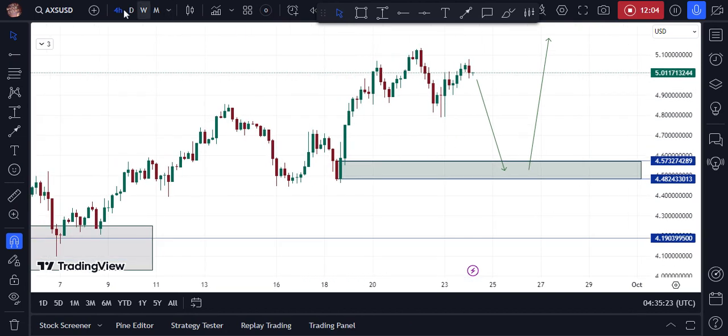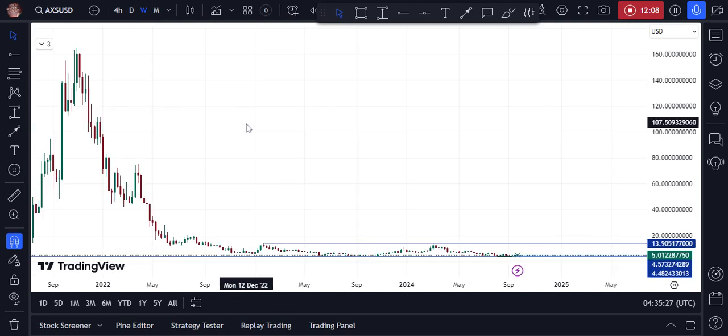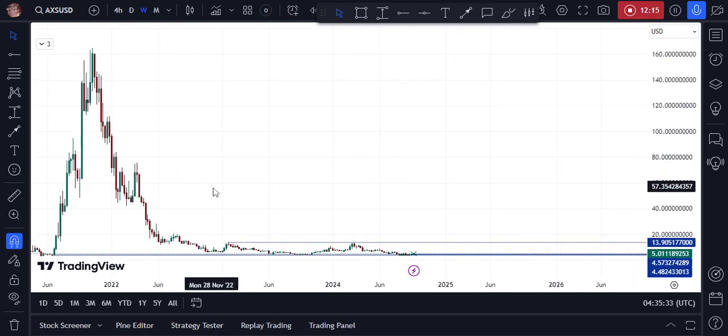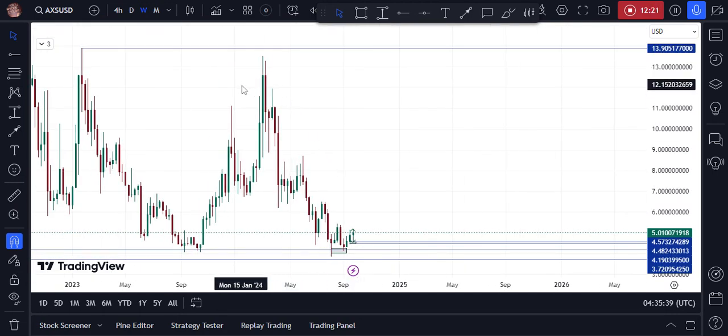Trust me, believe me, for this coin to have this very move from this very point for 3 years plus, you have to believe with me that this coin has a very great potential.